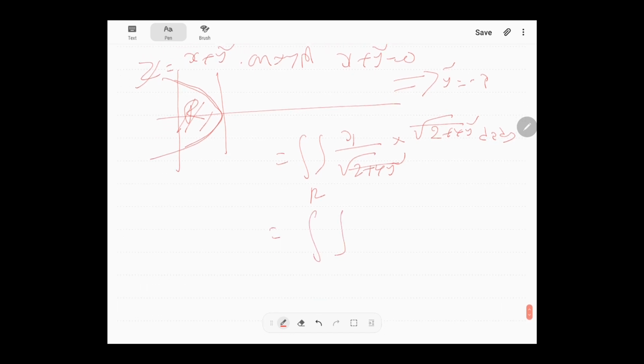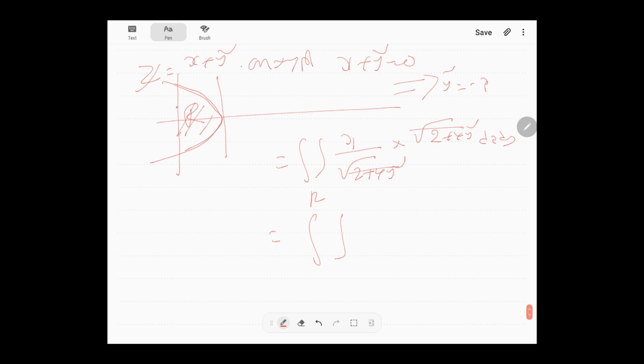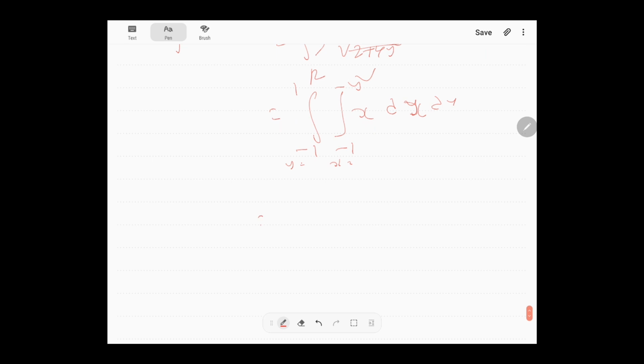Limits: x goes from minus 1 to minus y square, and y goes from minus 1 to 1. These are the limits for x, these are the limits for y, x dx dy. So this is the integral from minus 1 to 1.